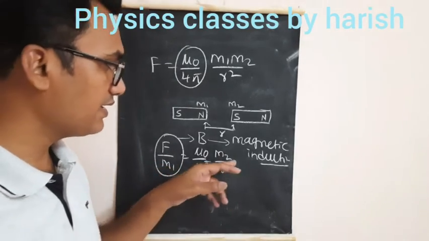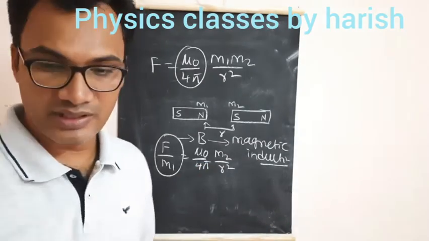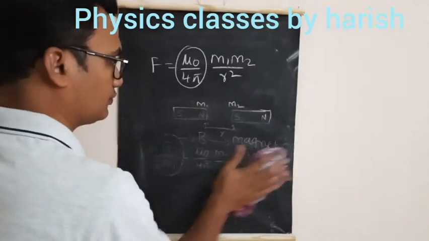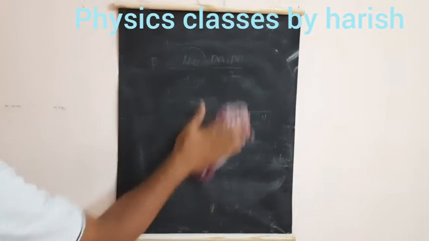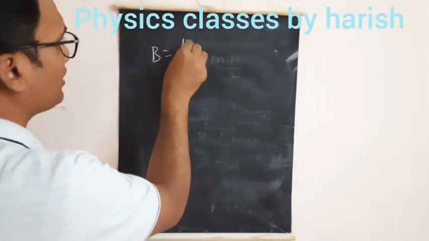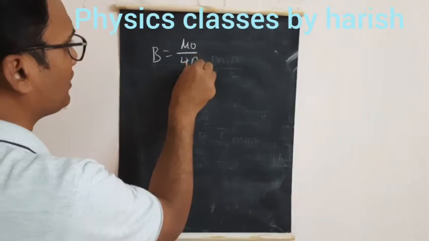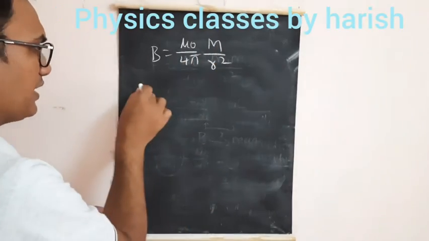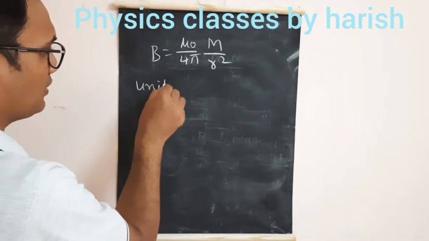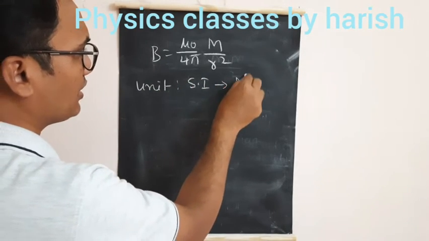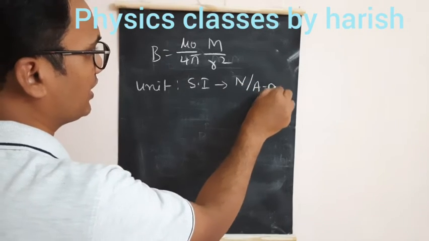Now we will write the units of B. Here B is equal to mu naught divided by 4 pi into m divided by r square. First we write the SI unit. SI unit is Newton per ampere meter.